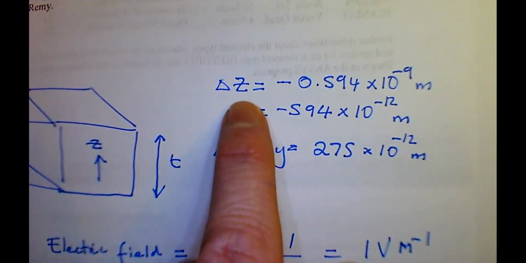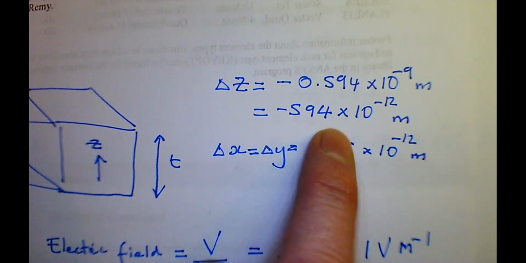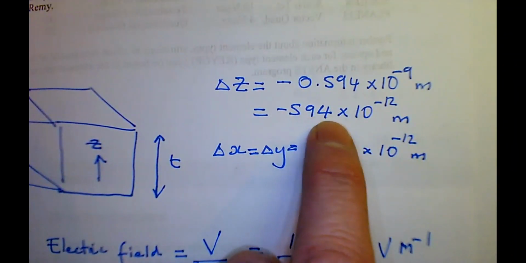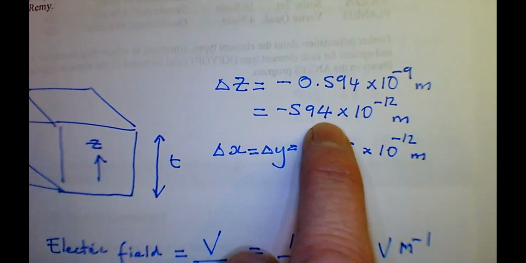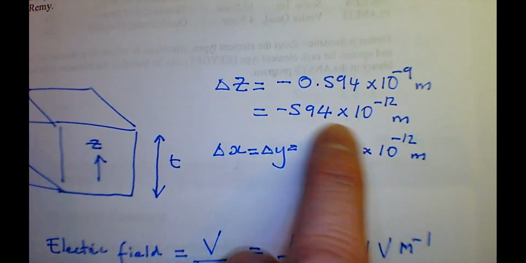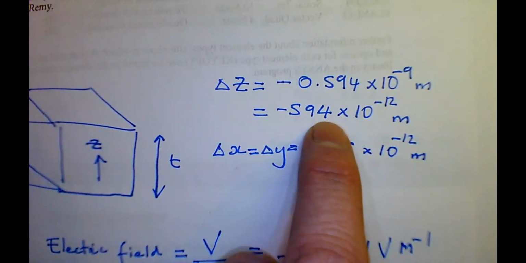So this is the value I've got for this material, PZT5H, and I put it in picometers because I know the D33 is about 600 picometers per volt, and so that's exactly the same as the D33 of the material. So that's in very good agreement with what the D33 of PZT5H actually is.